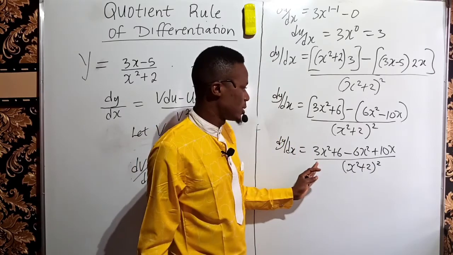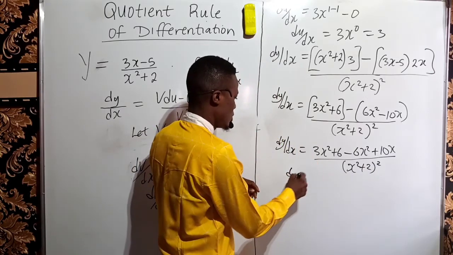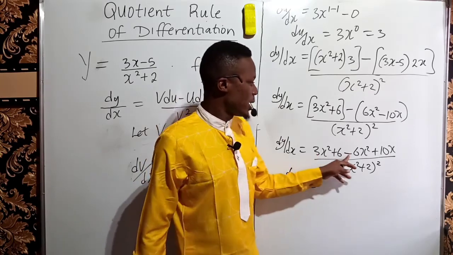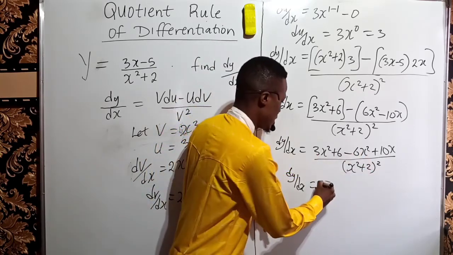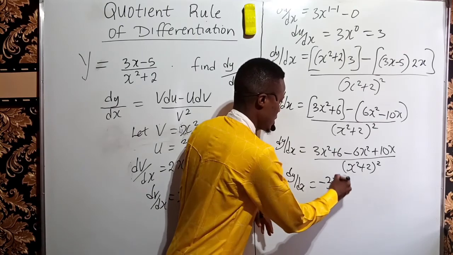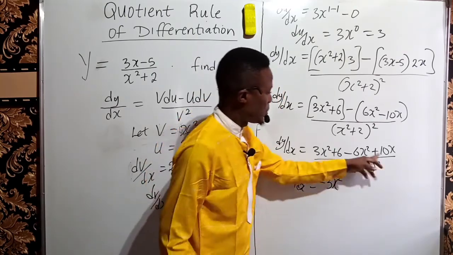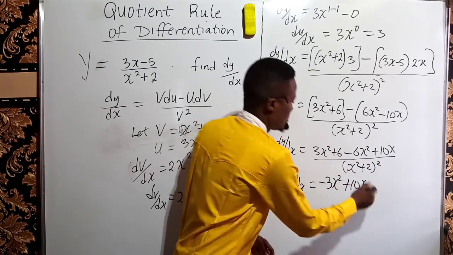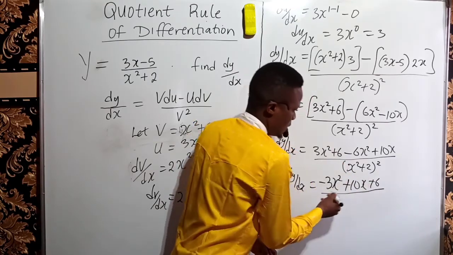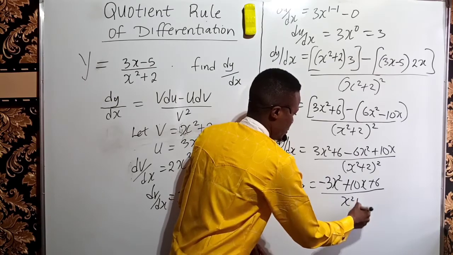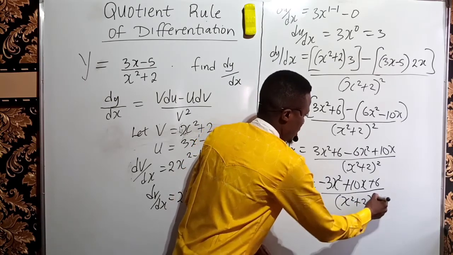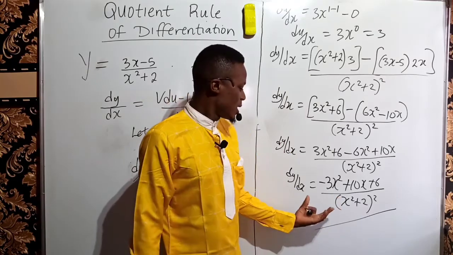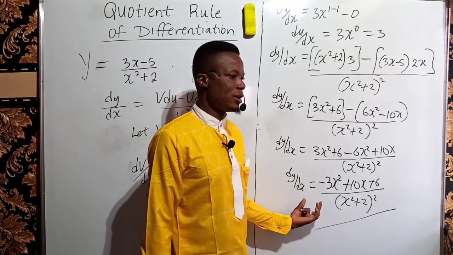Now collect like terms. dy/dx will give us 3x squared minus 6x squared, which is minus 3x squared, plus 10x, then plus 6 here, all over x squared plus 2 all to the power of 2. At this stage you can simplify further, and this is your required derivative.